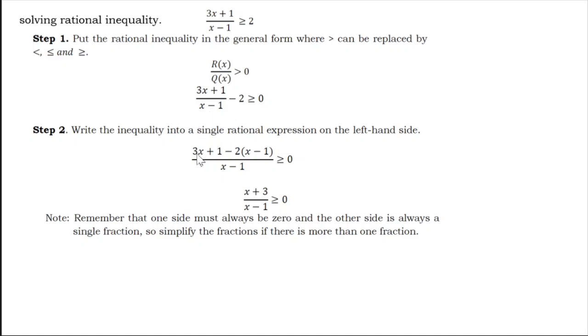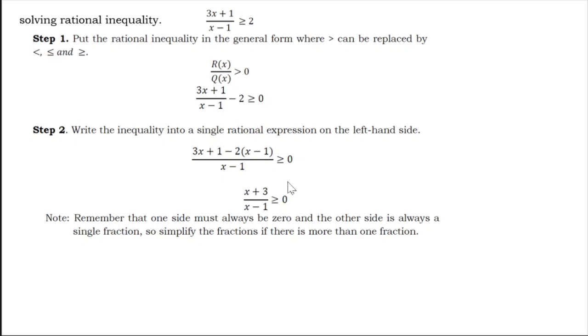So, 3x plus 1, since the LCD is the same as the denominator of this term, we copy 3x plus 1 minus 2 times the LCD, x minus 1, all over x minus 1, then greater than or equal to 0.